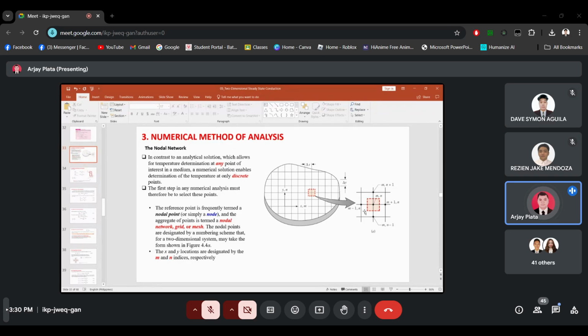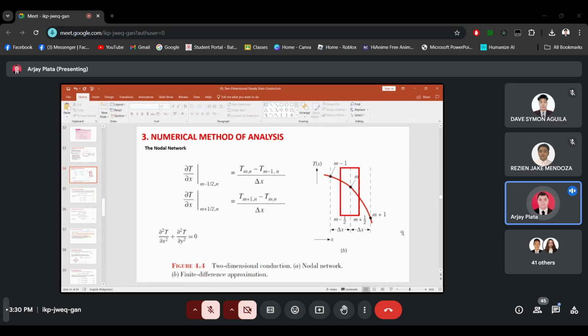On the left, it should be m minus 1, n, and on the right, m plus 1, n. M is for the x-axis, n is for the y-axis. So x and y locations are designated by the m, n indices respectively. This is our equation for the two-dimensional case: partial squared T over partial x squared plus partial squared T over partial y squared equals 0.